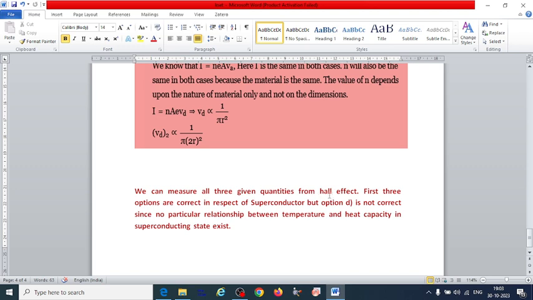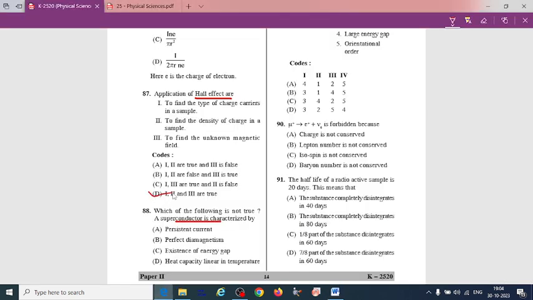All three given quantities we can measure from the Hall effect. The first three options are correct with respect to a superconductor, but option D is not correct since no particular relationship between temperature and heat capacity in the superconducting state exists. So the correct option is D. All are true to find the type of charge carriers and the remaining options.